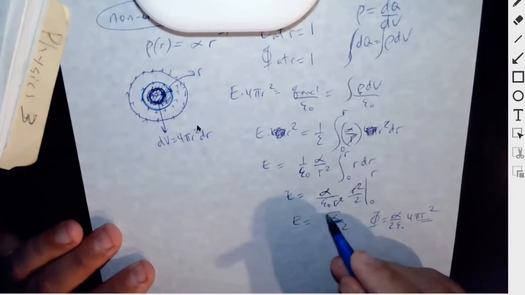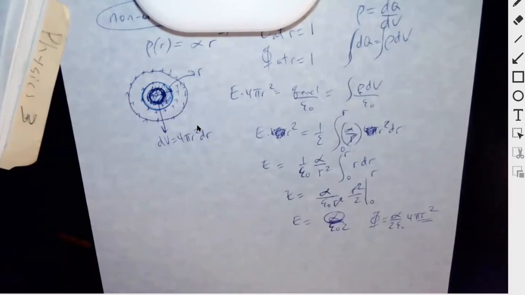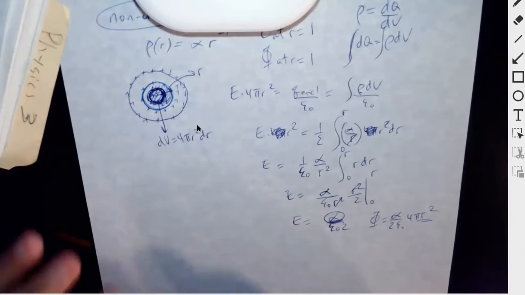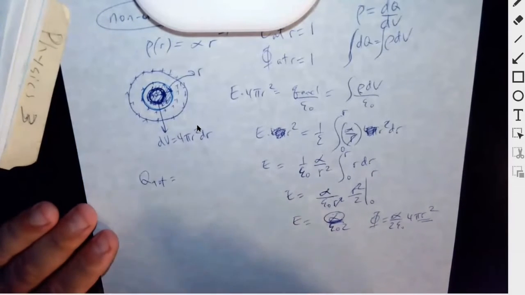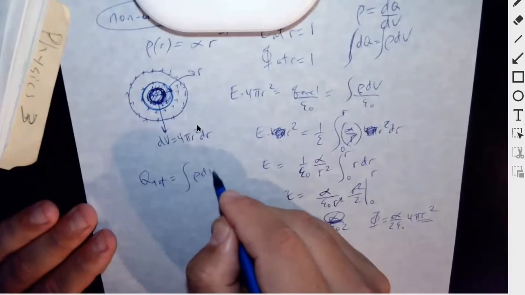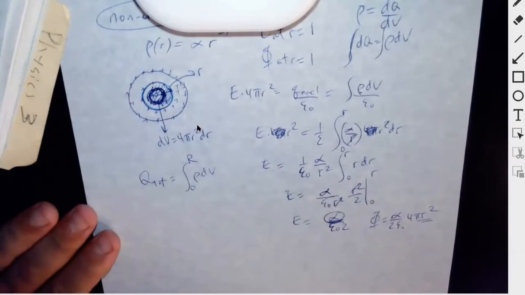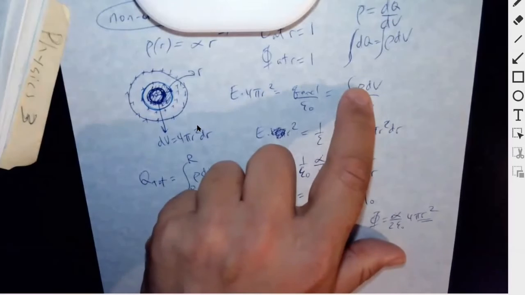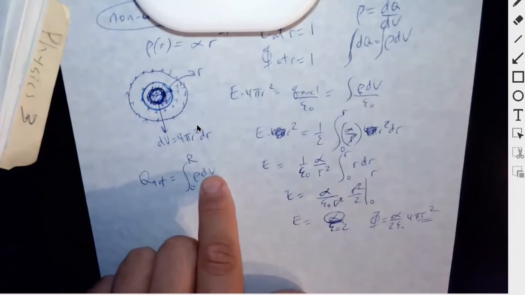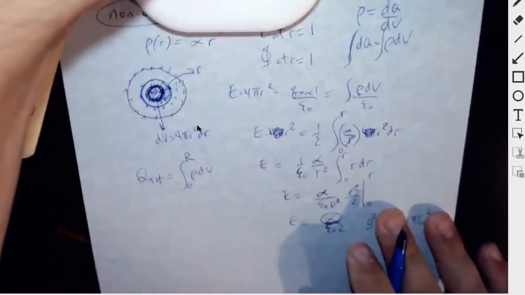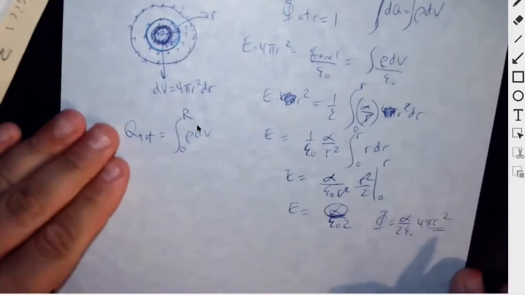Okay, but now we need to calculate what alpha is, right? The fudge factor. So how do we calculate the fudge factor? We integrate for the total charge of the sphere, integral rho dv from 0 to capital R. So you're using the same rho function that you're given. dv is still 4 pi r squared dr, but now you're integrating over the total sphere to find out what alpha needs to be.